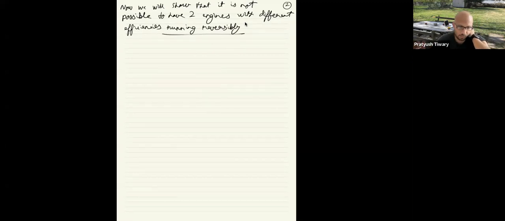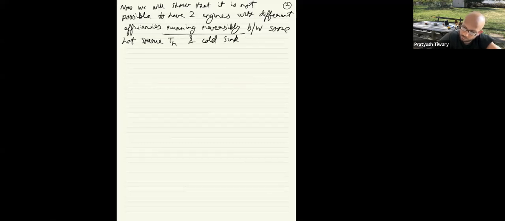So now we can focus only on reversible processes between some hot source TH and cold sink TC. Okay, so now we are going to show this.